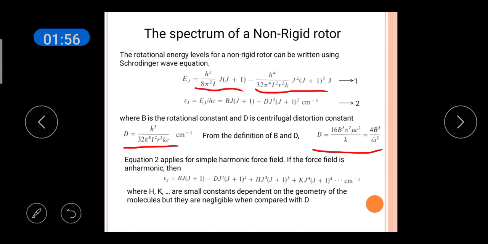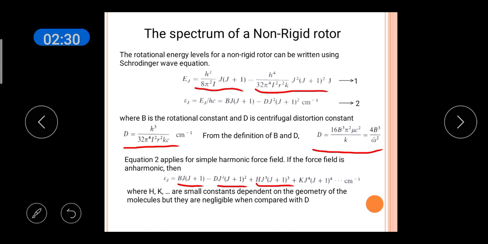If the force field is anharmonic, then epsilon J can be written as BJ into J plus 1 due to the rigid rotation, minus DJ square into J plus 1 the whole square due to non-rigid rotation, which is simple harmonic, and the additional terms are due to the anharmonic motion: HJ cube into J plus 1 the whole cube plus KJ power 4 into J plus 1 the whole power 4.